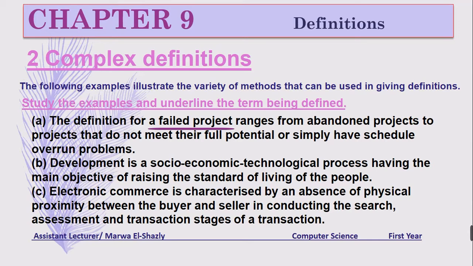So I'm describing now this term. طيب هو بيقول characterized يعني بيكون محدد ليه سمات معينة: absence غياب ال physical proximity, مفيش physical space ما بين ال buyer وال seller in conducting the search في البحث والassessment والتقييم والtransaction stages of a transaction أو المراحل التجارية بتاعت إجراء عملية تجارية. So this is electronic commerce, أو التجارة الإلكترونية.